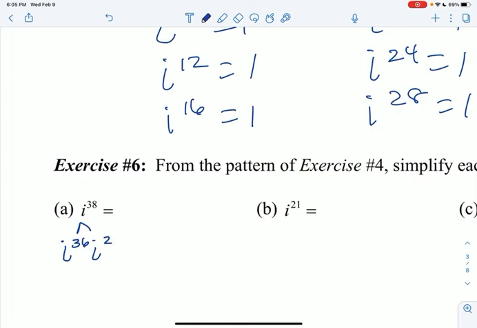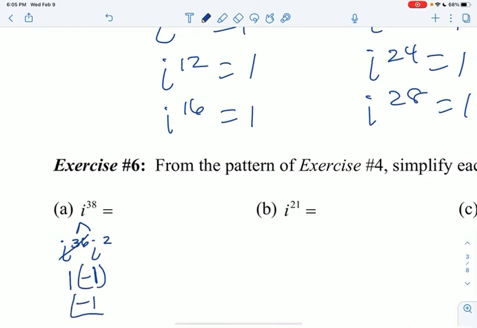But I want the biggest number, as close to 38 as I can get, that is a factor of 4. And that's going to be i to the 36th. Now basically ignore it, because we know that any i with an exponent that's a factor of 4 just equals 1. And then all I need to know is what i squared is, and I have that up above. It equals negative 1. So this just equals negative 1. Done.